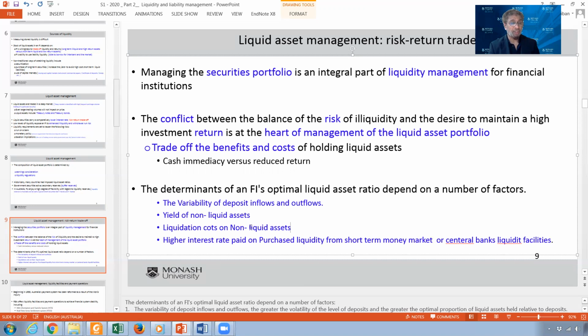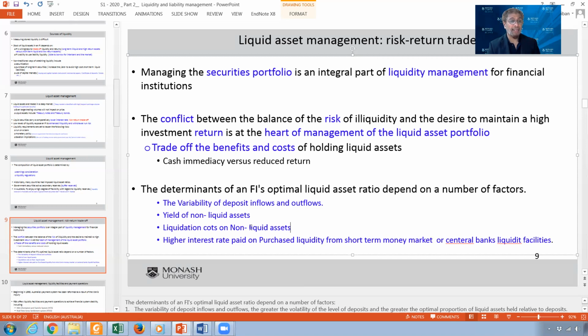But if the liquidation is very hard, then you will tend to hold more cash, which exposes you to less fire sale and less of what we call the spread between the buying and selling. So you can sell close to the market price.